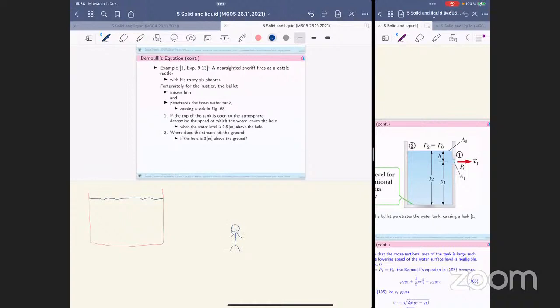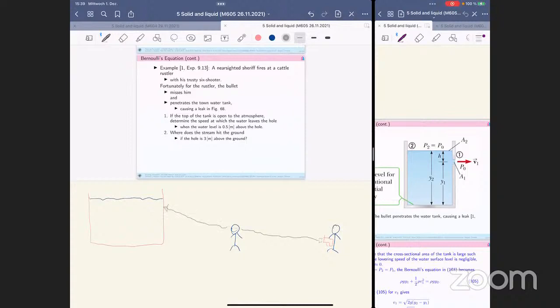And this is the sheriff at a short distance. The sheriff has a gun. I cannot draw the gun well, but this is the gun, and the gun will fire the bullet. The bullet is going to get out of this gun, but unfortunately it misses the head of the rustler.